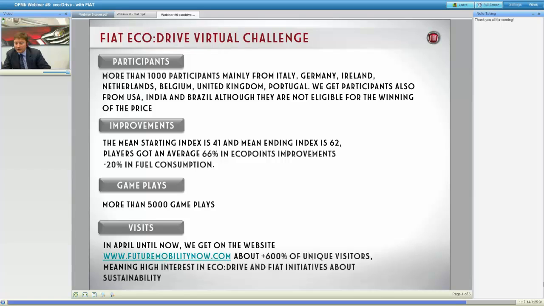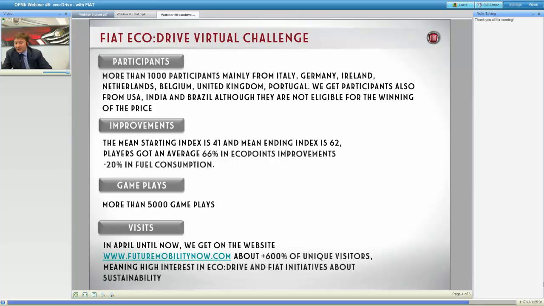From this period in which we played this game on the website, we saw that we got more than 1,000 participants, mainly from Italy, Germany, Ireland, Netherlands, Belgium, United Kingdom, Portugal. But we also got participants from USA, India, Brazil, although they are not eligible for winning the prize.